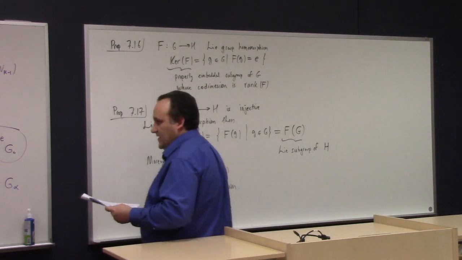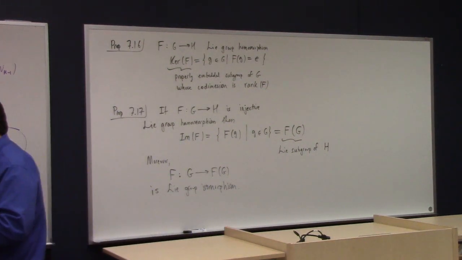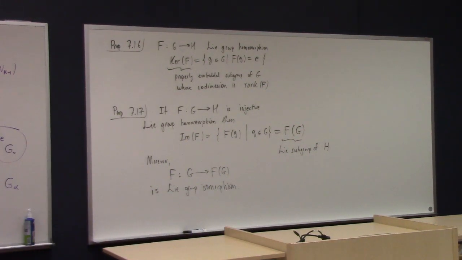You see, because if it's injective and onto, then it's a bijection, right? And if it's a homomorphism, it's constant rank, which means we get smoothness as well. Okay, so this gives us tons of really nice examples.